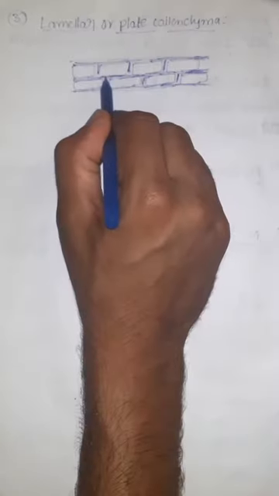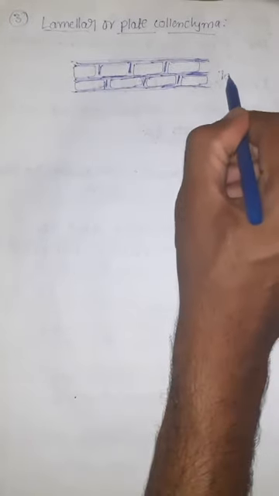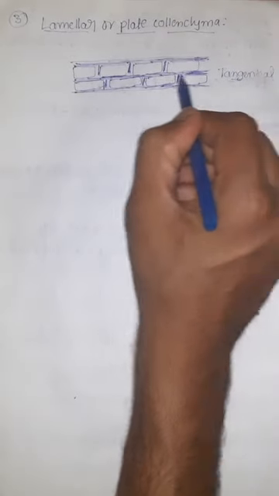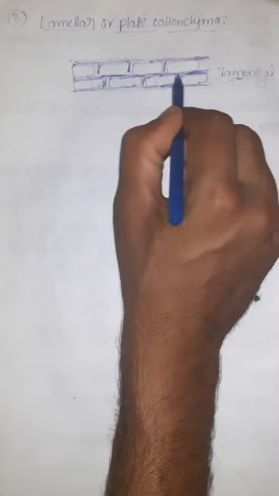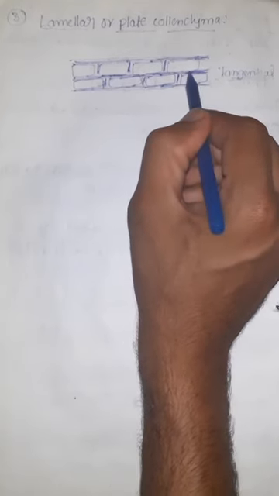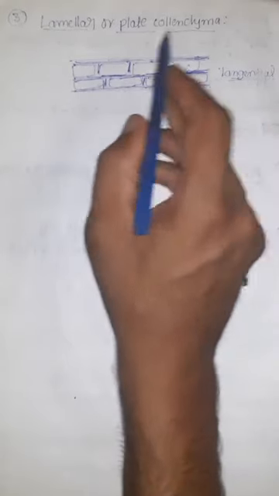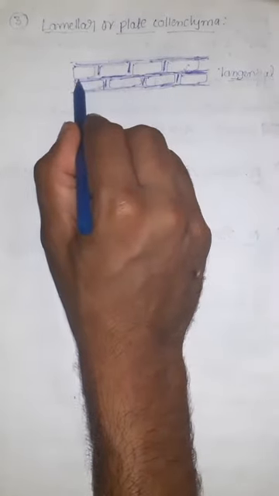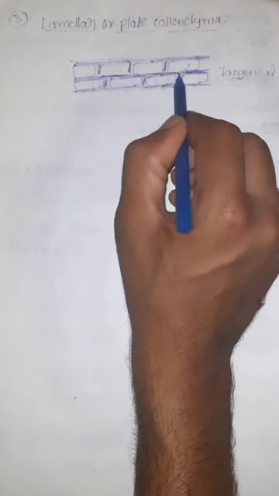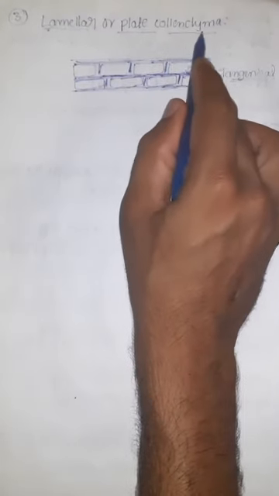Tangential walls means these horizontal walls. The pectic material is only deposited on the tangential walls, so that it will give a plate-like appearance. Okay, it is named lamellar or plate-like collenchyma.